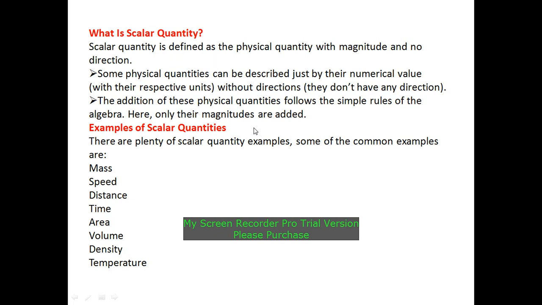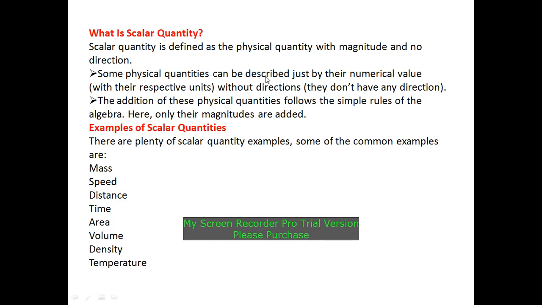You know that quantities are divided into two different kinds, which are scalar quantity and vector quantity. The definition of a scalar quantity is a physical quantity with magnitude and no direction.